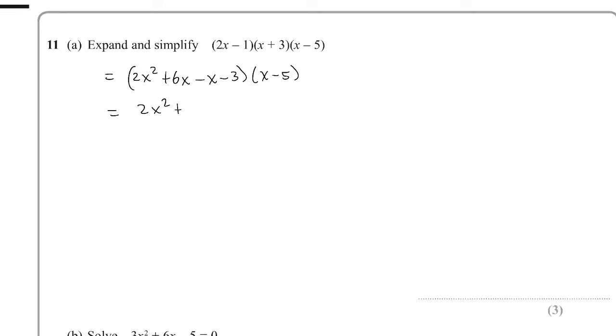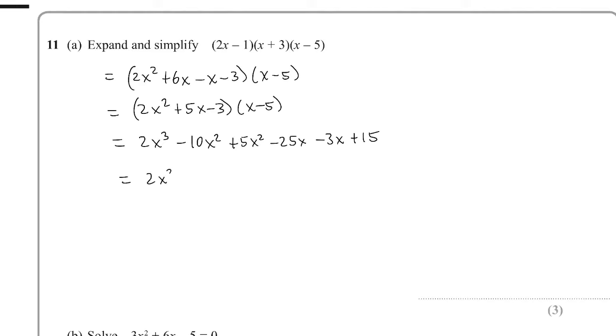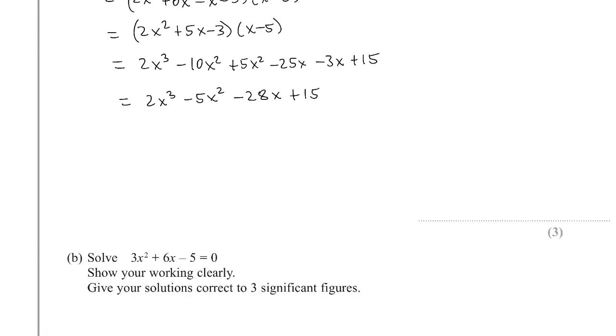So 2x squared plus 5x minus 3, x minus 5, which leads to 2x cubed minus 10x squared plus 5x squared minus 25x minus 3x plus 15, which is 2x cubed minus 5x squared minus 28x plus 15. So we need to expand but also simplify. So we ended up with 2x cubed minus 5x squared minus 28x plus 15 for 3 marks.